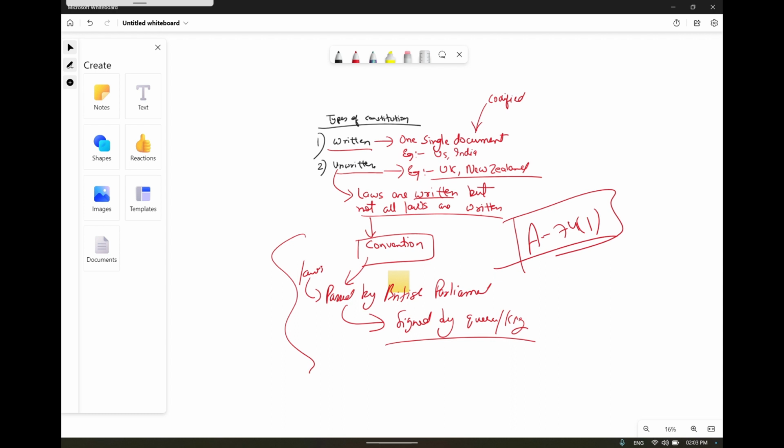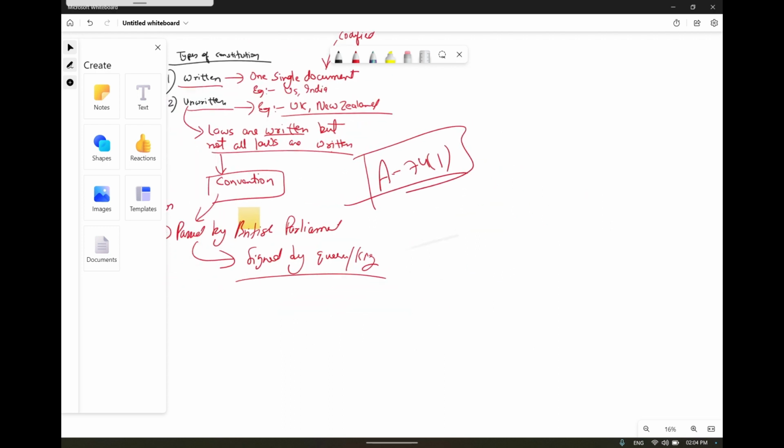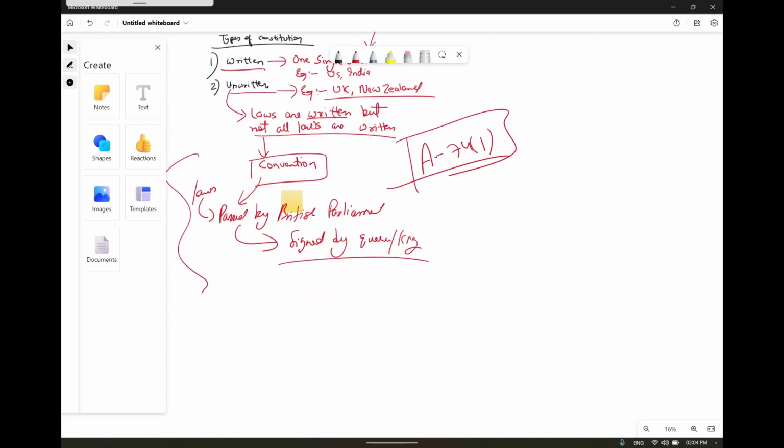The Queen or the king will dissolve the Council of Ministers only on the advice of the Prime Minister. In the UK Parliament, this is nowhere written. It is just a convention that is being followed in the UK. It is nowhere mentioned.